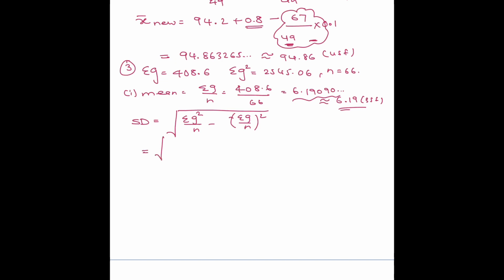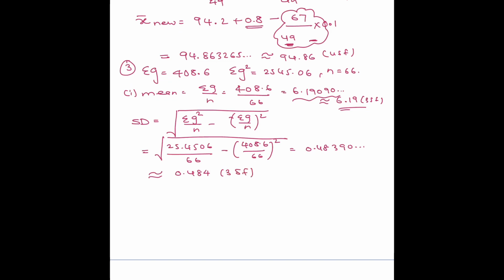So this is square root of 2545.06 over 66 minus 408.6 over 66 squared, which is 0.48390, approximately 0.484 to 3 significant figures. Number 2 now.